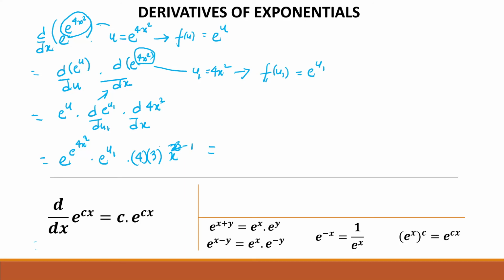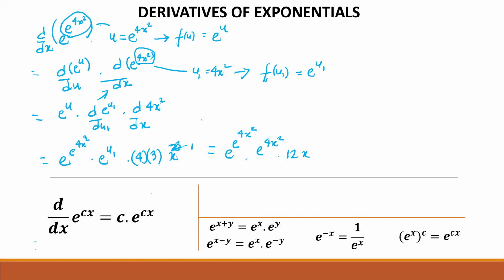Now simplifying and substituting the value of u1, we have e to the power 4x squared times e to the power u1, which is 4x squared, times 12x, right?